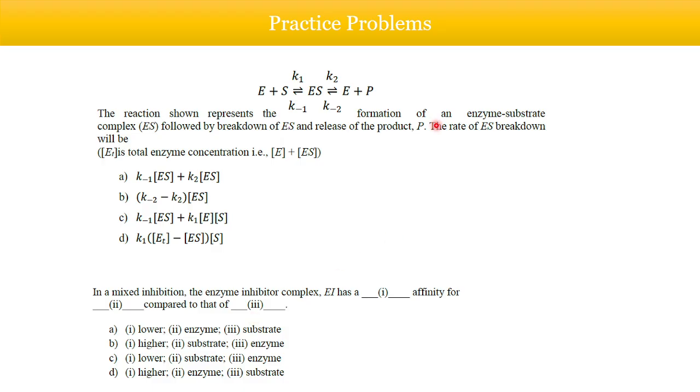So you see over here, this is the step. Here you have the ES forming. So that is K minus 2, K minus 1.